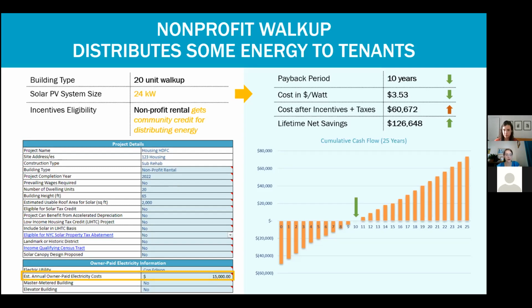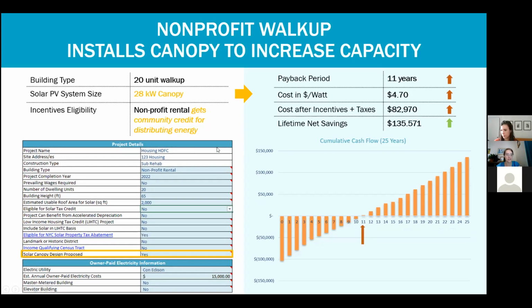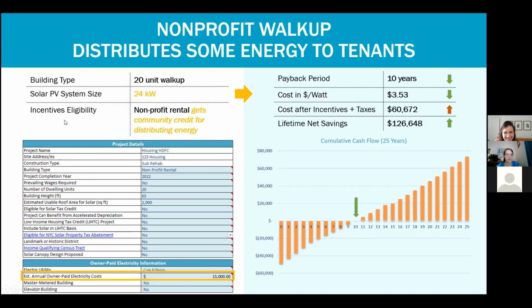The cost per watt goes down as well because larger systems have better economies of scale. And so the total cost might go up because it's a much larger system, but the lifetime net savings goes up much more. And there's benefits for the residents as well. So that makes a big difference.